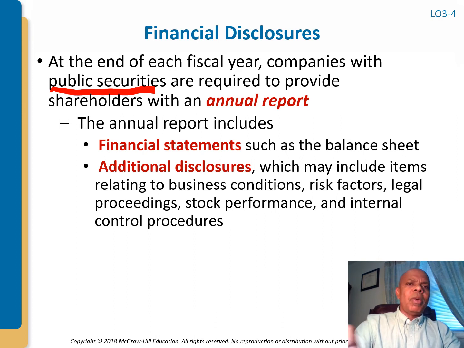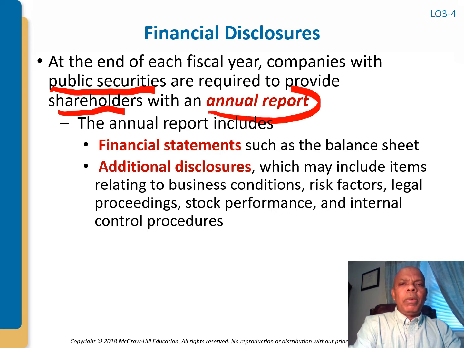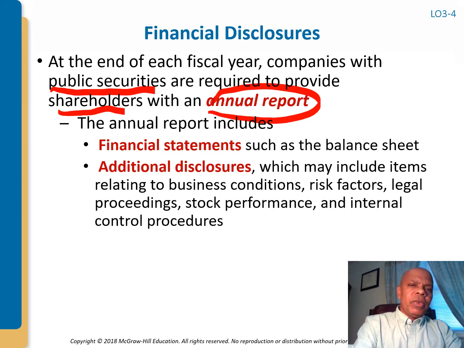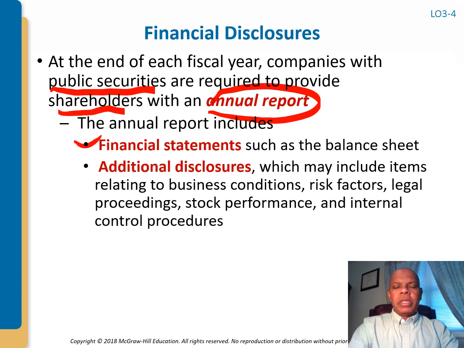They're required to provide us, the shareholders, with an annual report, which includes financial statements: the income statement, showing what exactly happened during the year, the operations, and then the balance sheet, and the cash flow statement, and all the financial statements that we know. And then additional disclosure.